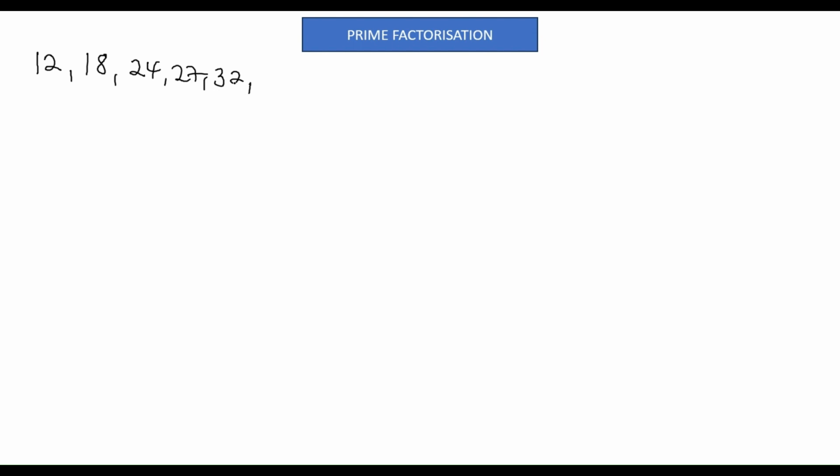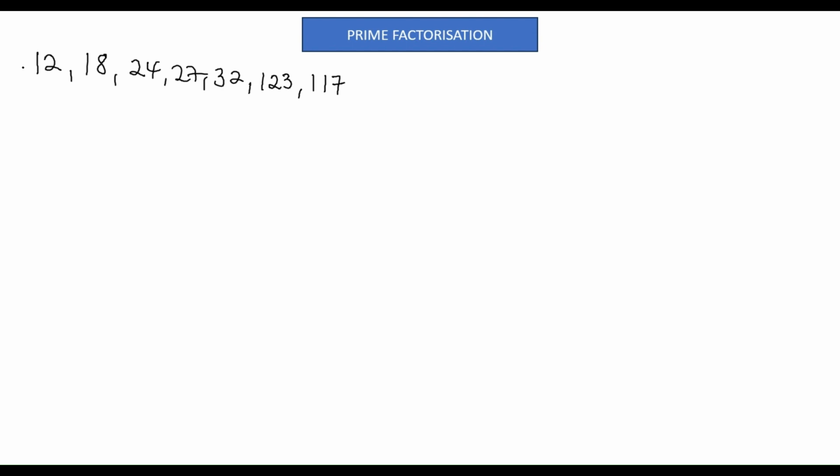Then let's pick a random big number like 123. And another one, 117, for example. Try to find the prime factorization of these numbers to illustrate what we mean by prime factorization.